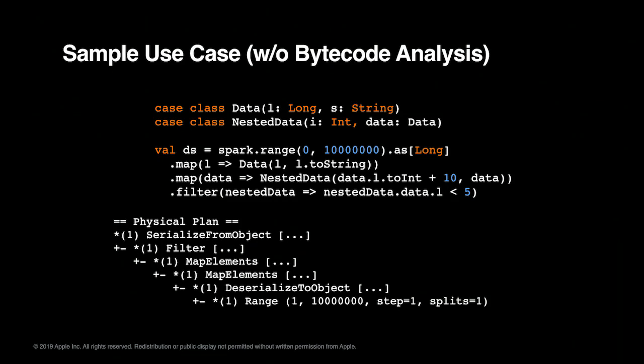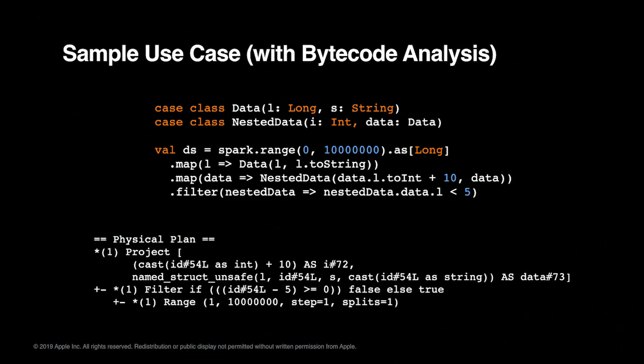In the case of bytecode analysis, you could come up with native Catalyst expressions that really operate on the data in the Spark format. For example, instead of creating a case class, Catalyst has a struct unsafe, so instead of creating a Java object, you create a struct inside Spark, and that is very cheap because it doesn't involve any conversion.